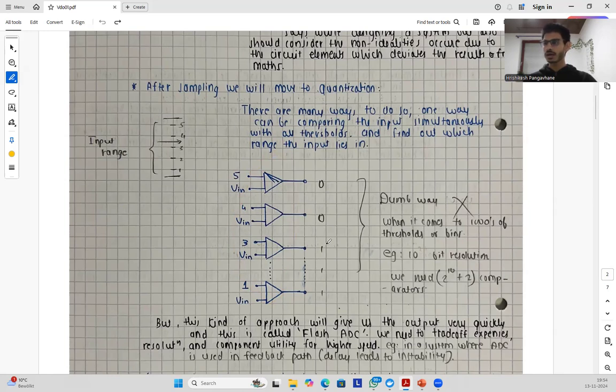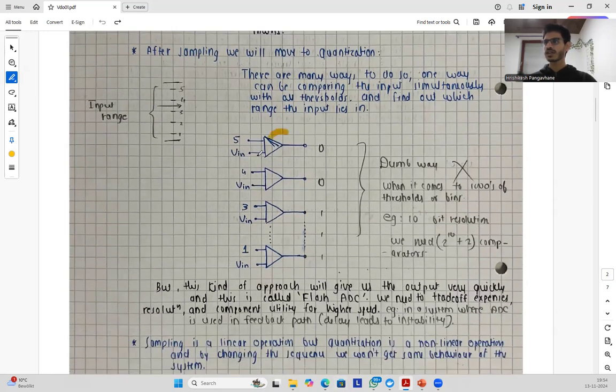Obviously, by some tricks, we can do it, because this kind of approach will give us the output very quickly. And this is basically used in flash ADCs, but we are trying to go for sigma delta modulation. When we talk about this kind of approach, we need to trade off between expenses, cost, resolution, and component utilities, because so many components are used over here for higher speed.